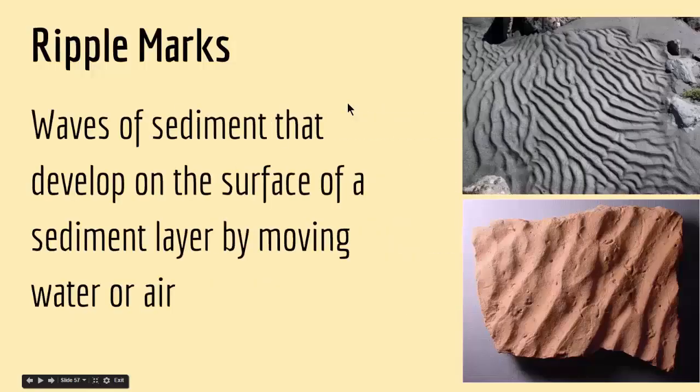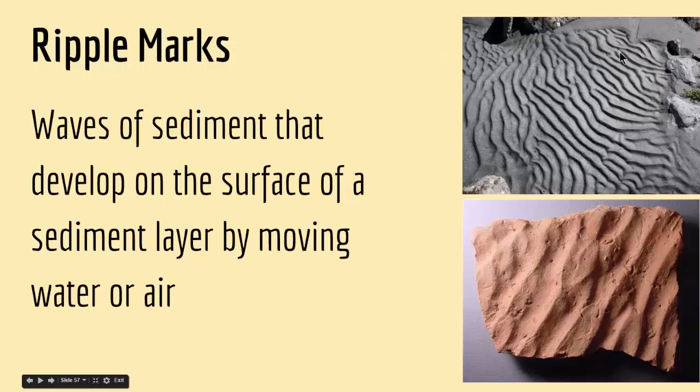A different kind of sedimentary structure that we have is called ripple marks. Ripple marks are waves of sediment that develop on the surface of a sediment layer by moving water or air. When you have sediment and water or air interacts with it, it creates these beautiful patterns that are called ripple marks. This is an example of a ripple mark that hasn't been lithified yet.